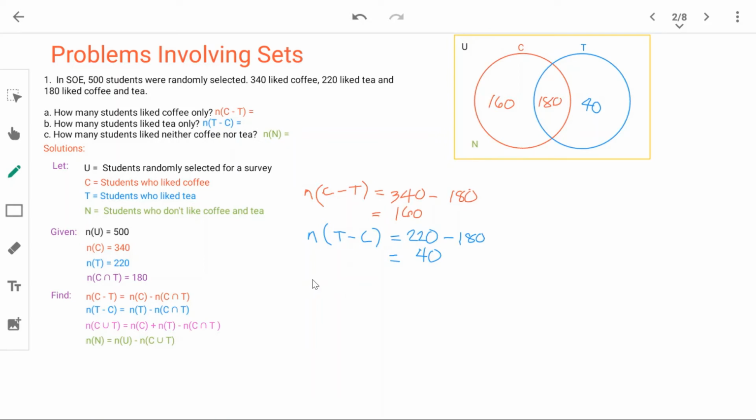And then next we're going to find the number of students who neither like coffee nor tea. But prior to that, we're going to find the number of students who like coffee or tea or coffee and tea.